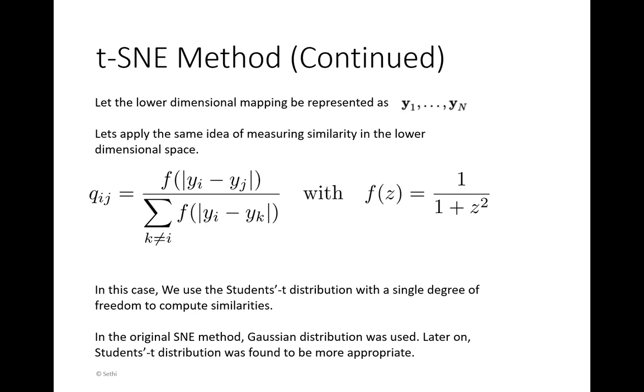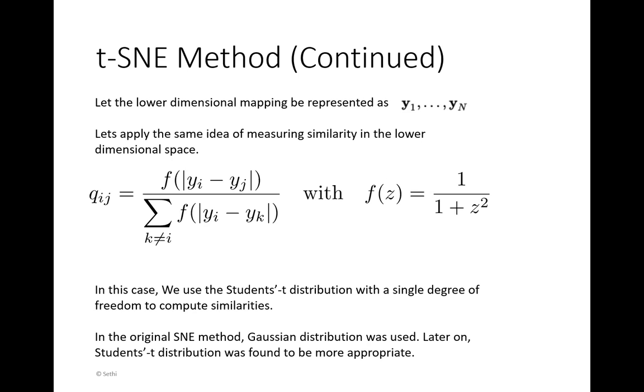Now, in the high dimensional space, remember, we were calculating the similarity using Gaussian distribution. In this case, the original method used the Gaussian distribution, but in the t-SNE method, the distribution that is being used is known as the student's t-distribution, with a single degree of freedom to calculate the similarities.